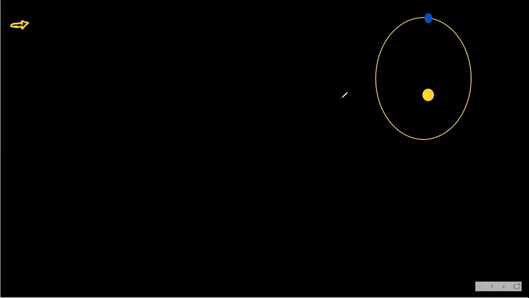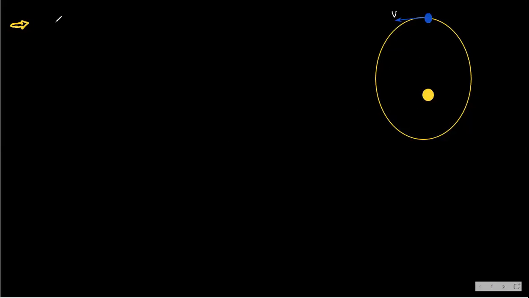This planet is moving in this orbit with velocity V. And the average distance of the planet to the Sun, let us suppose, is capital R.